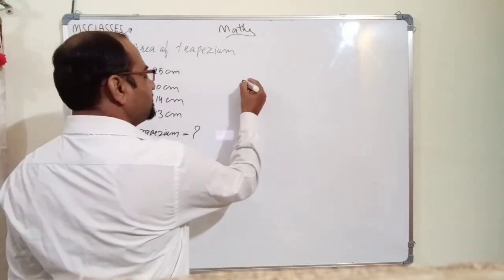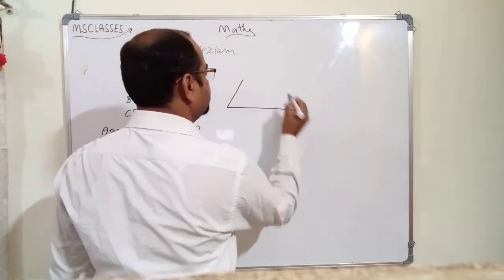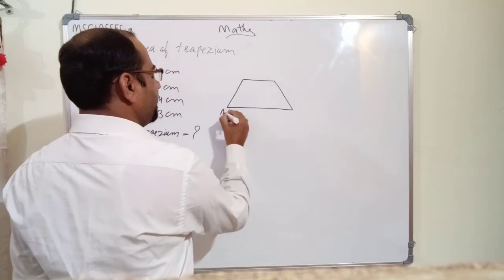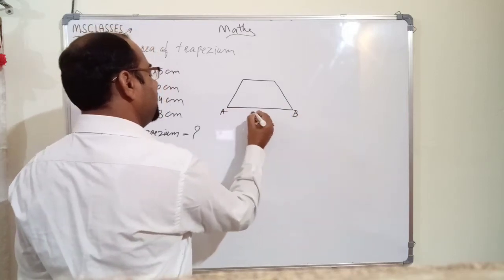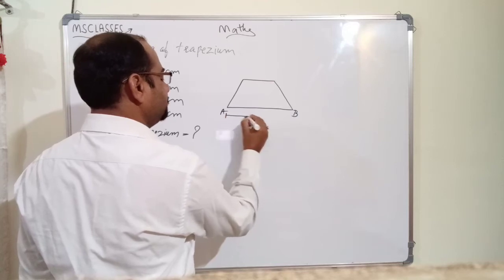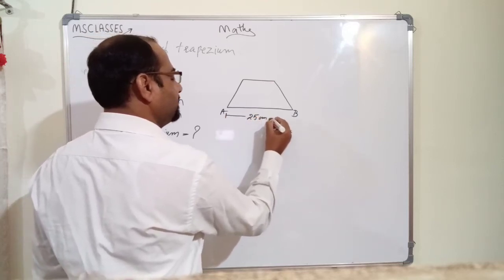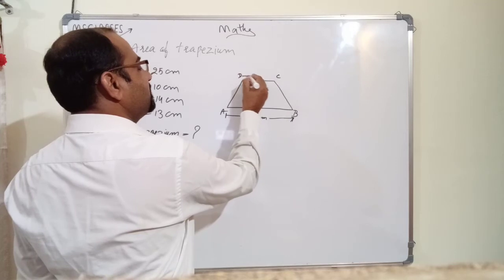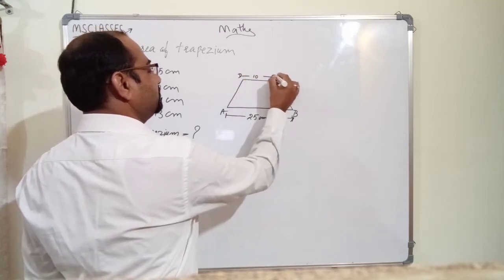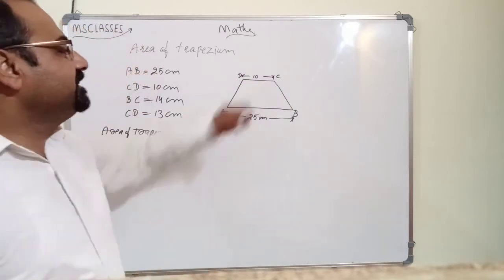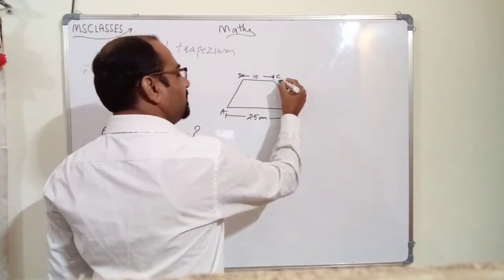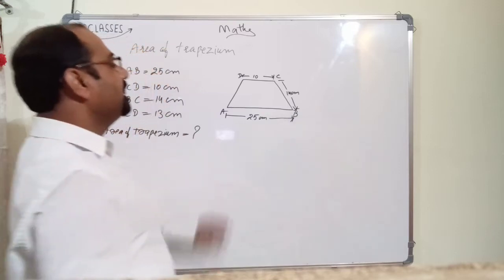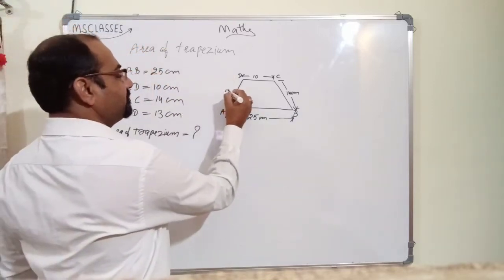Guys, its figure is just like, if this is A, this is B, and you see AB is equal to 25 centimeter, okay, and this is C and this is D, and CD is equal to 10 centimeter, and BC is equal to 14 centimeter, and AD is equal to 13 centimeter.